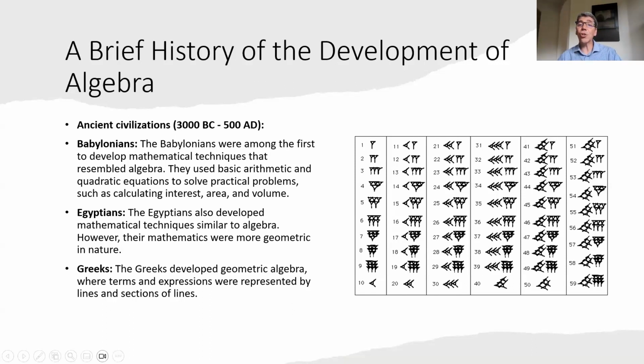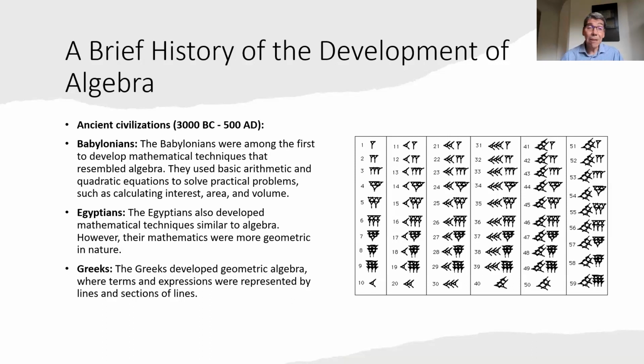This image shows the numerical notation that the Babylonians used. This is in the cuneiform language that they had, and they used these symbols to represent numbers. So this is one of the first numeric symbols that have been discovered, the most ancient ones.